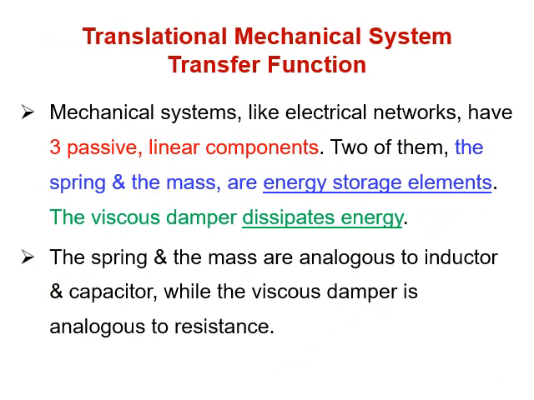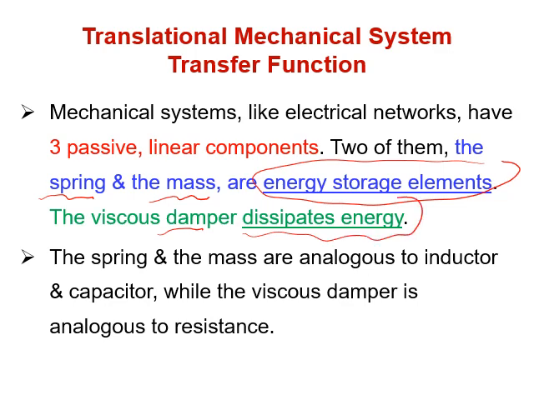There are three elements used to make the model of mechanical system. Means any mechanical system can be expressed with these three elements. They are, as seen here, spring, mass, and damper, where the spring and the mass are energy storage elements, with the damper is dissipated energy.